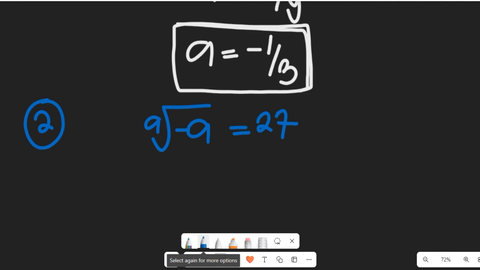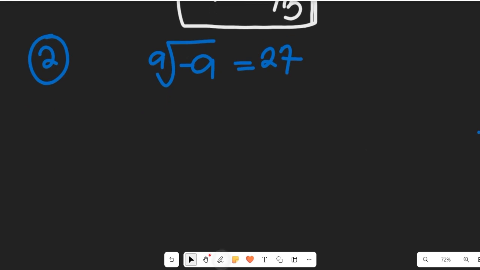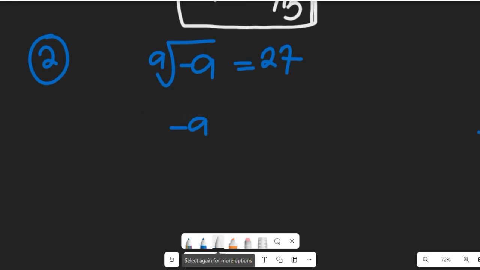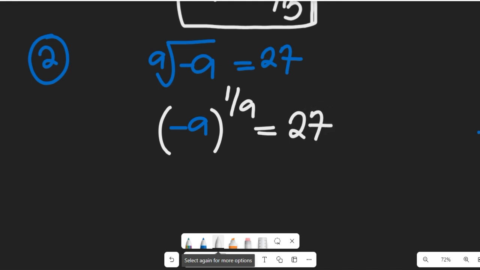If I simplify this the way I did the other expression, I'm going to have this become (-a) all to the power of 1 divided by a, and this will be equal to 27. Great. Now at this point, what do I have to do?